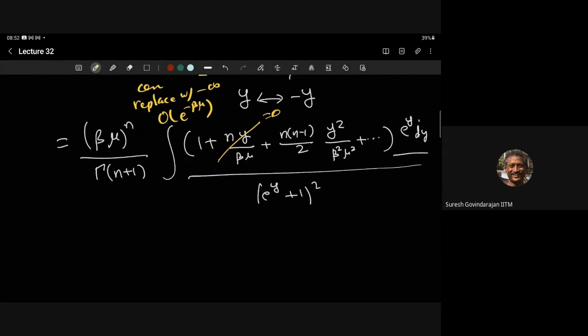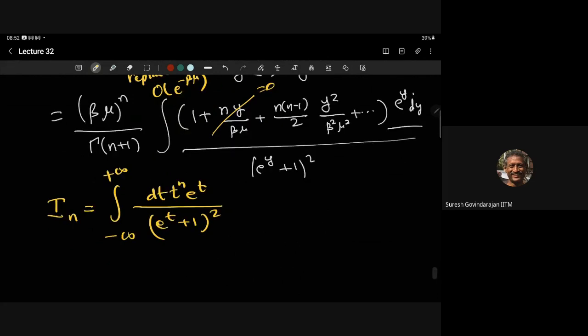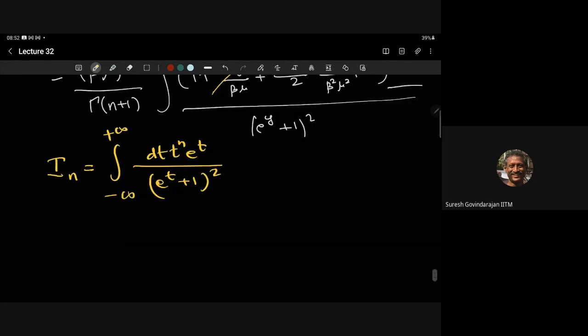So you can go ahead and do these integrals. These integrals are not so hard. You need the integral I_n from minus infinity to plus infinity. There are general answers.